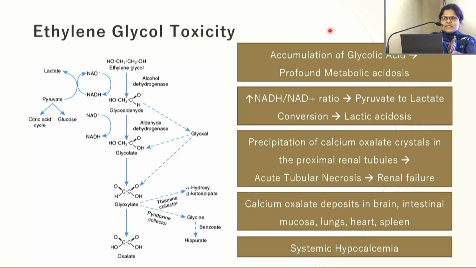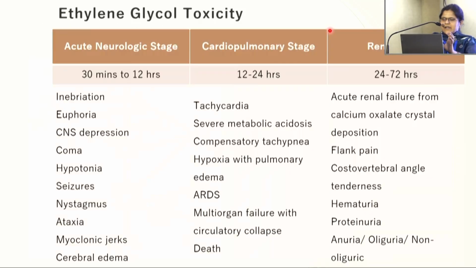Calcium oxalate can also get deposited in the brain, resulting in cerebral edema, the intestinal mucosa, resulting in gastroparesis, the lungs, resulting in an ARDS picture, the heart, causing myocarditis, and the spleen, which can result in profound anemia. Due to chelation of calcium with oxalate, there will be systemic hypocalcemia. So the clinical clues will be systemic hypocalcemia, acute renal failure with unexplained high anion gap metabolic acidosis, and in urine you might find calcium oxalate crystals.